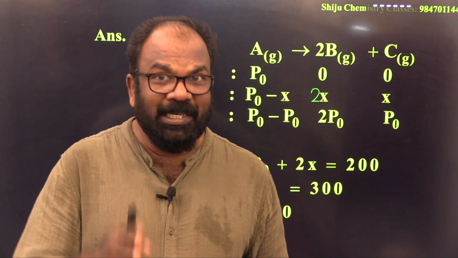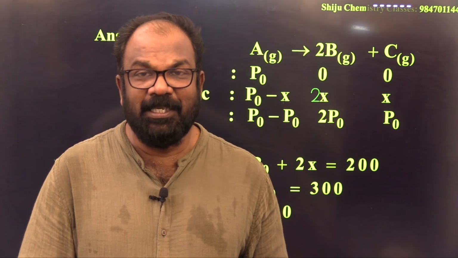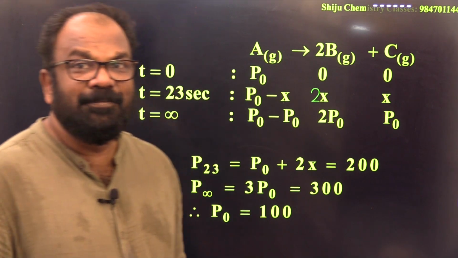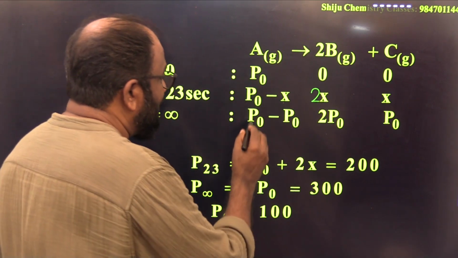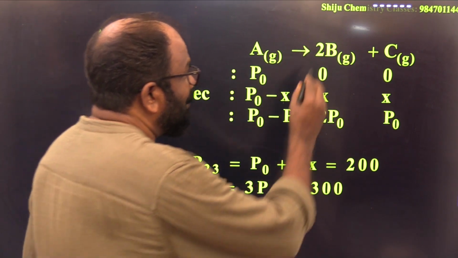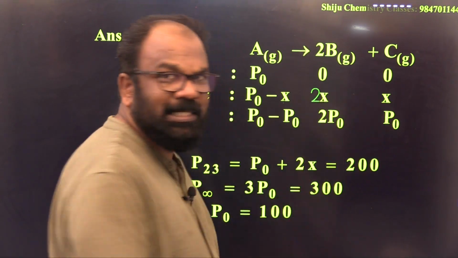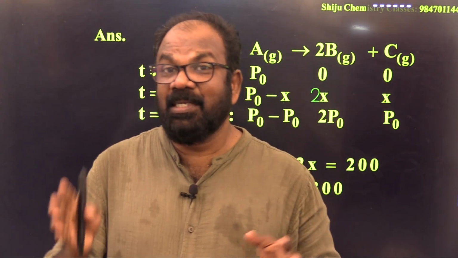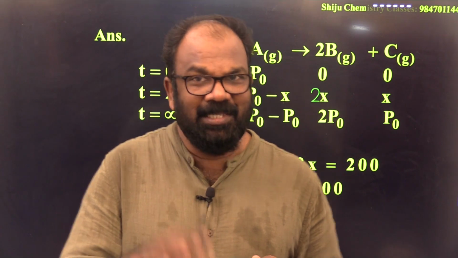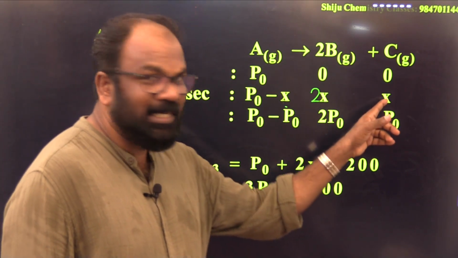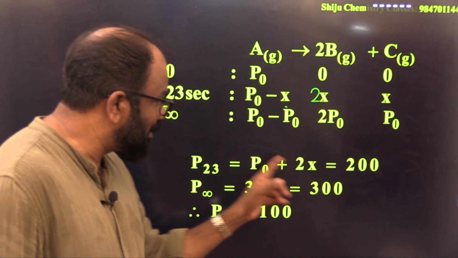Then after a long time, that is when t is equal to infinity, the number of moles of A will be completely reacted. Therefore, the remaining number of moles of A will be P0 minus P0 and the number of moles of B formed will be 2P0 and that of C will be P0. Now the total pressure when time t is equal to 23 seconds is equal to P0 minus X plus 2X plus X, that is equal to P0 plus 2X.